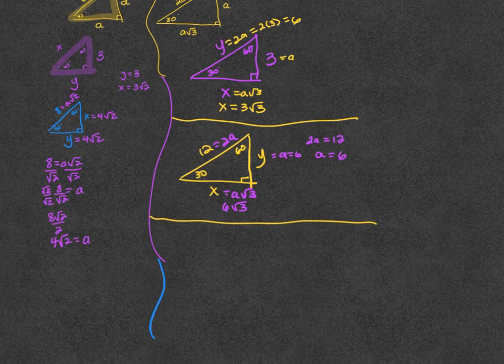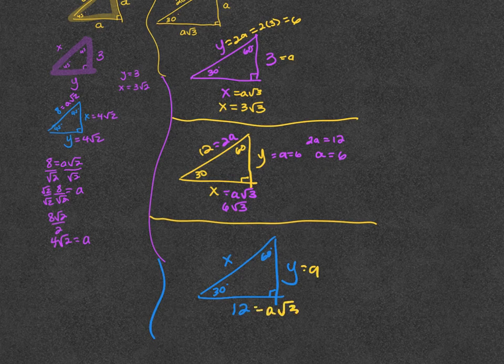And then the last kind, which is the hardest, is when you're given the side opposite the 60. Because if this is again A, this is A root 3. This is 2A. 12 equals A root 3.